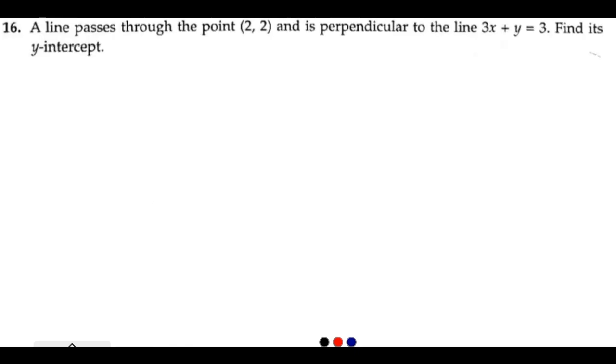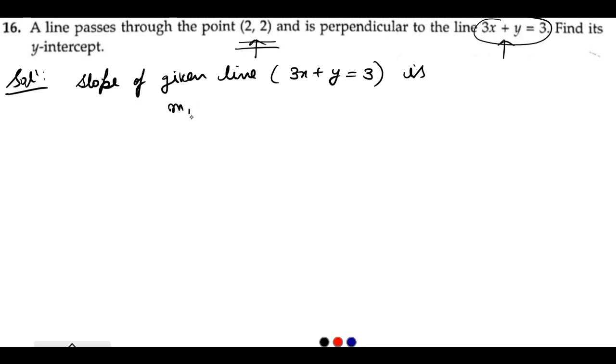Question number 16. A line passes through the point (2, 2) and is perpendicular to this. Find its y-intercept. First of all, we are finding the equation of line that passes through this point and is perpendicular to this line. Slope of given line is minus coefficient of x divided by coefficient of y, that is minus 3.